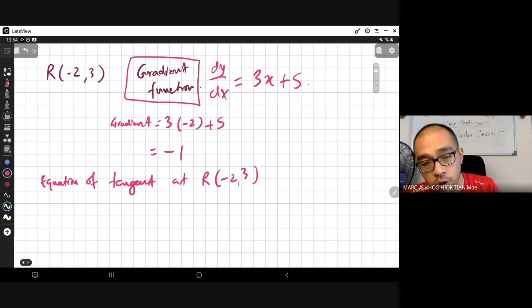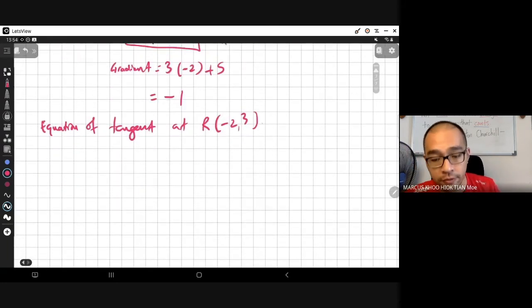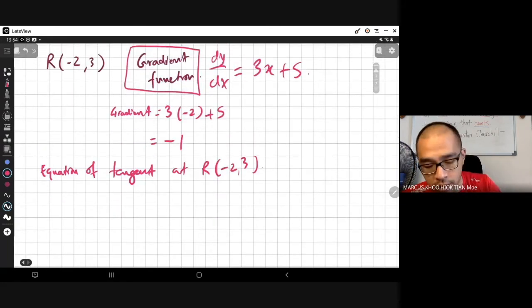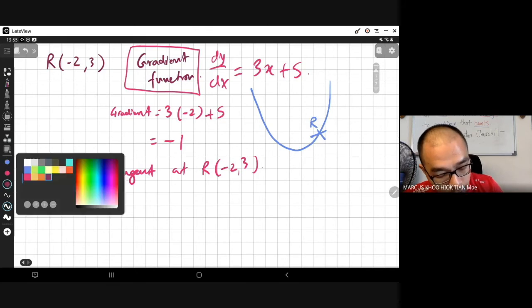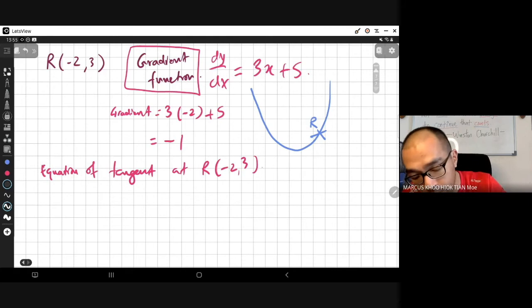Now we don't know what this curve is, but we know that the equation of tangent refers to, let's say this is the curve and R is here. This is point R. So the tangent line, what is a tangent line? A tangent is a line that touches the curve at only one point, which is at the point itself.